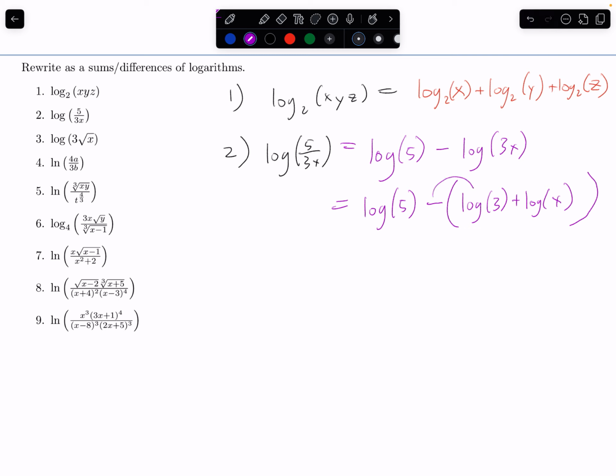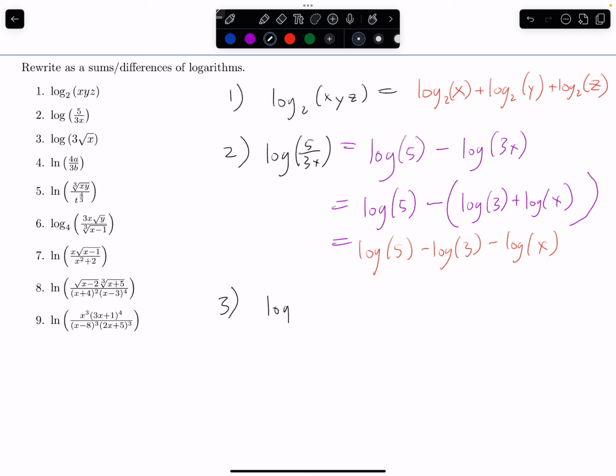So this negative is going to distribute. It's going to give me this final result of log of 5 minus log of 3 minus log of x. There you go. Okay, so that's 1 and 2. Let's do one more.